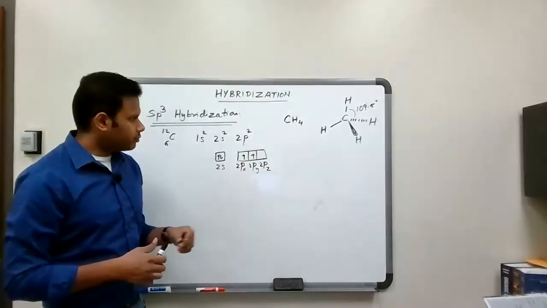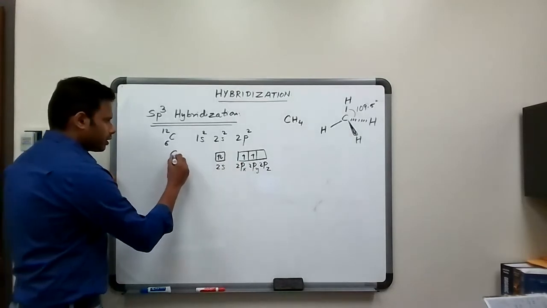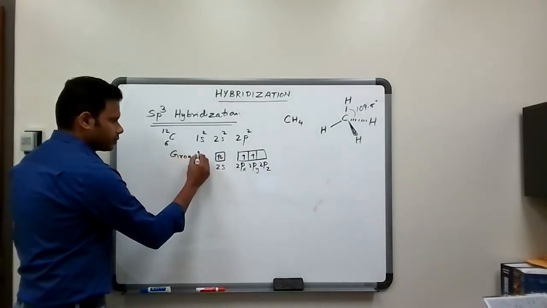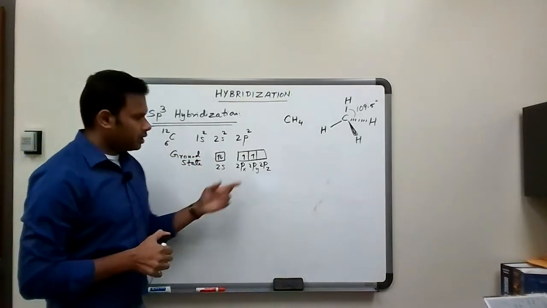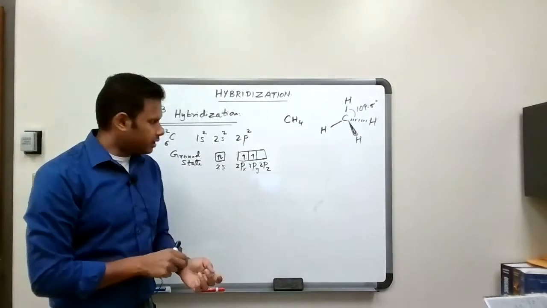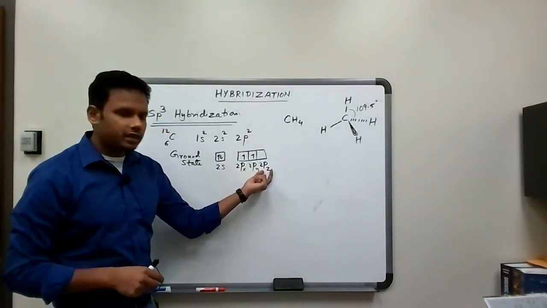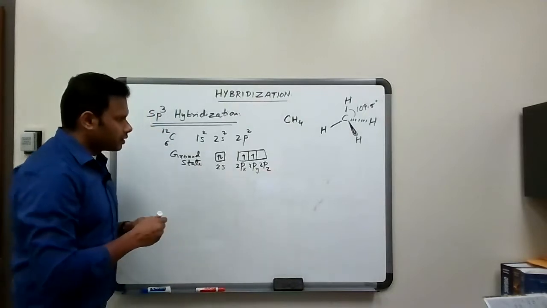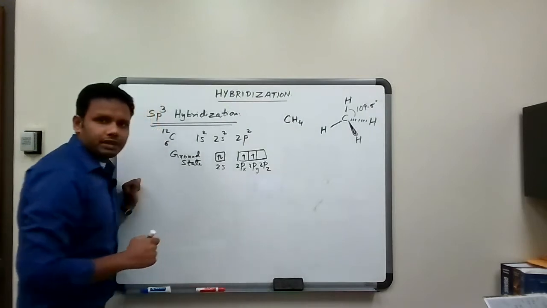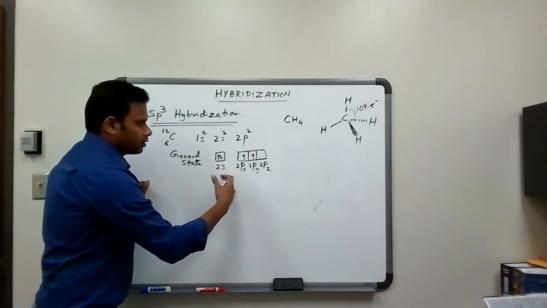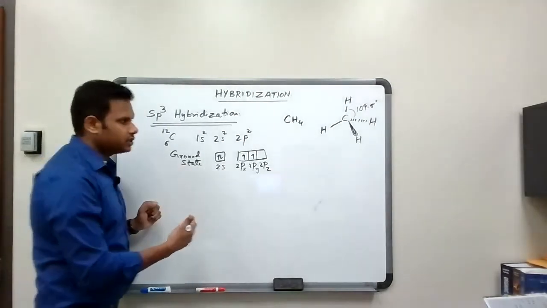We talked about covalent bonding. This ground state electronic configuration of carbon cannot explain the bonding, because when you look at it, 2pz is completely empty. And the problem here is that px, py, and pz show the directionality of these orbitals.